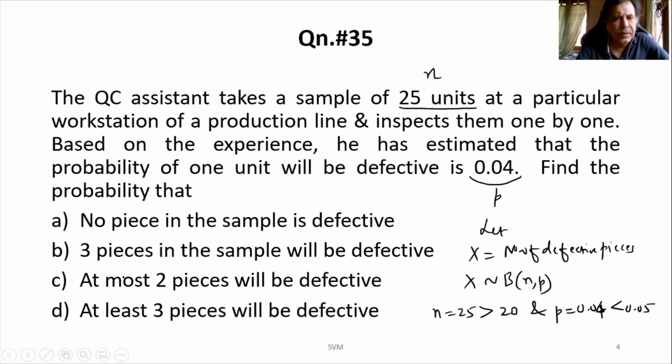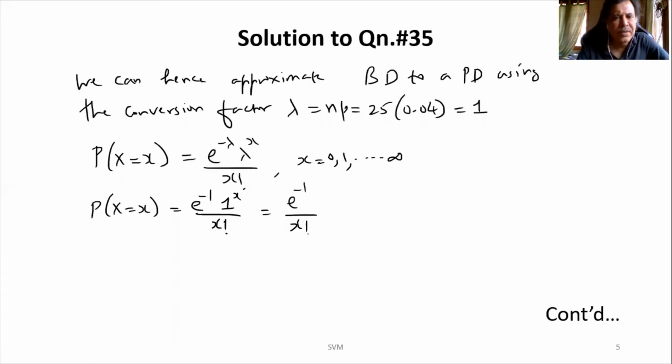Now what is the question? First question, no piece in the sample is defective. Question A, no piece. So x is equal to 0, which means it is e power minus 1 by 0 factorial, which is nothing but e power minus 1. Right? That will be the answer.